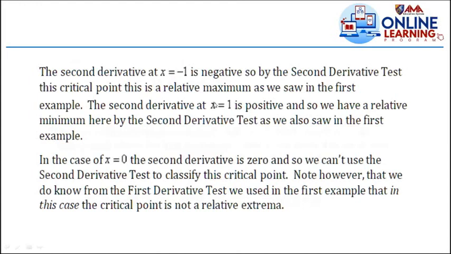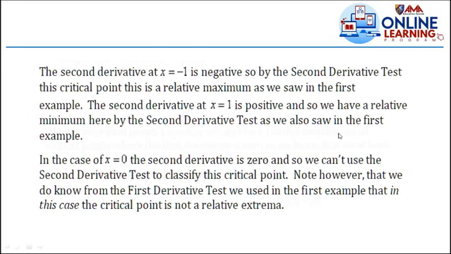So the second derivative at x equals negative 1 is negative. So by the second derivative test, this critical point is a relative maximum, as we saw in the first example. The second derivative at x equals 1 is positive, and so we have a relative minimum here by the second derivative test, as we also saw in the first example.